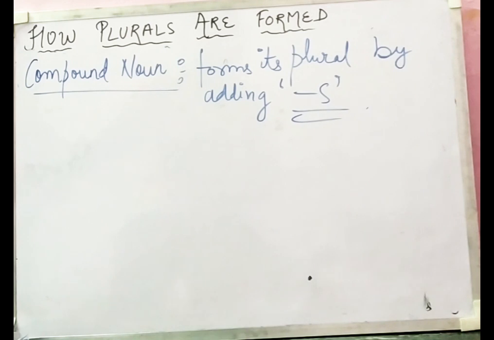Now here's the concept of compound noun. And now how to find the plural of compound noun? Compound noun form its plural by adding s. Means we just have to add s to make it plural. So what's the example like? One example is passerby.